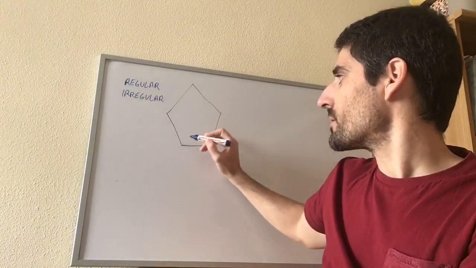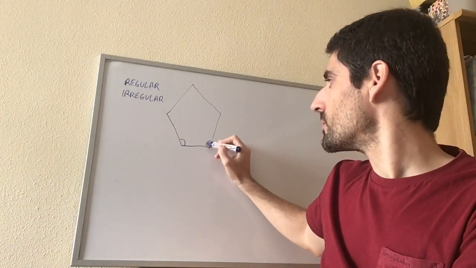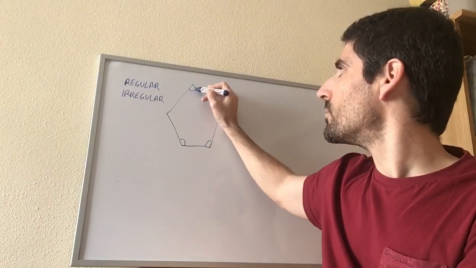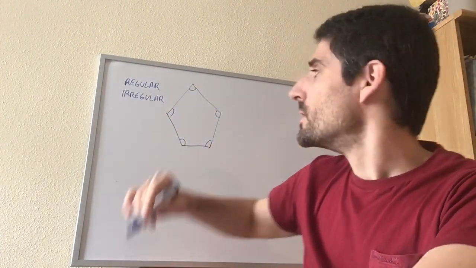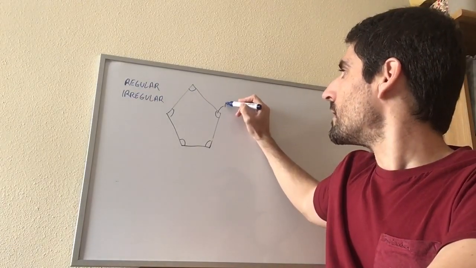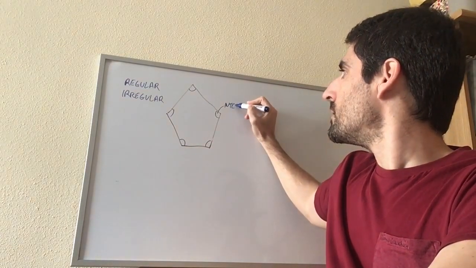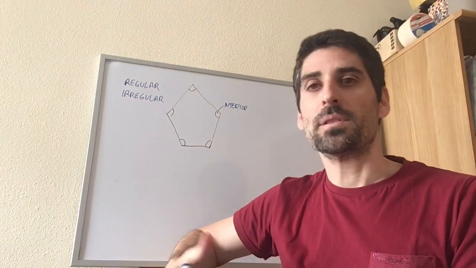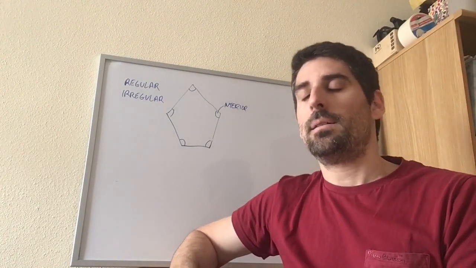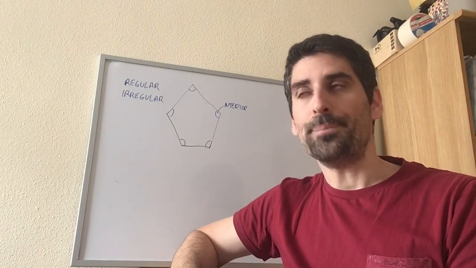So in this case of the pentagon, I have 1, 2, 3, 4, and 5 interior angles. So all these angles here are interior because they are inside the polygon. Who would have thought, right?